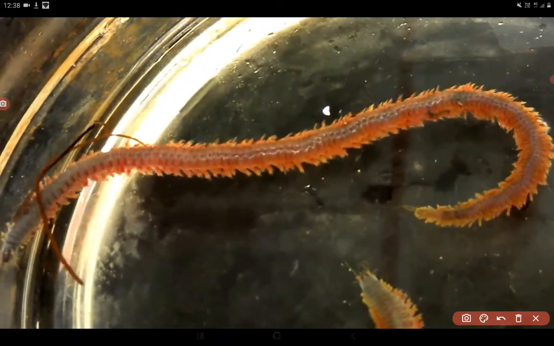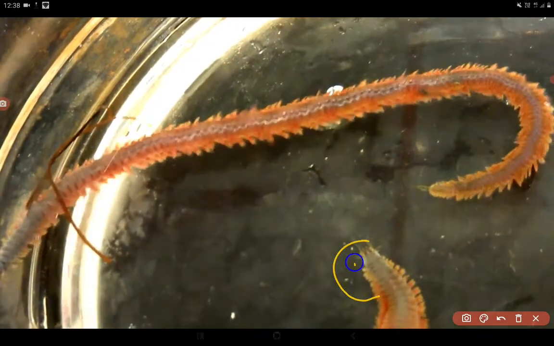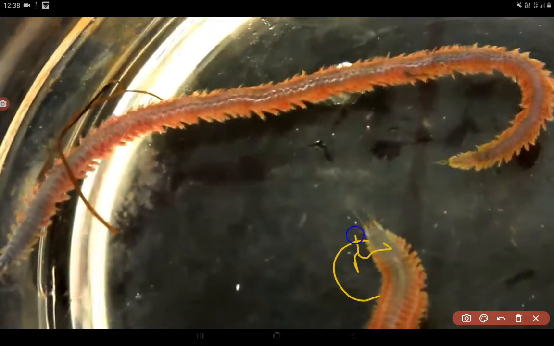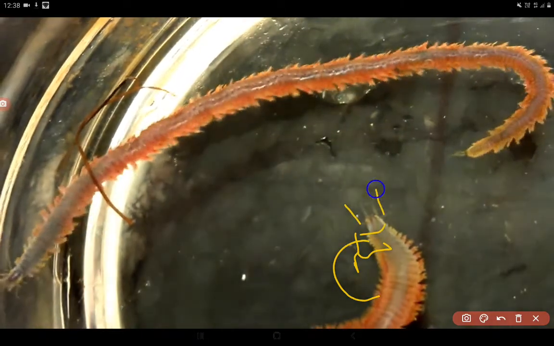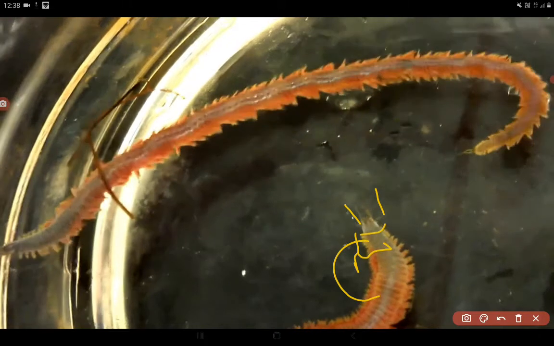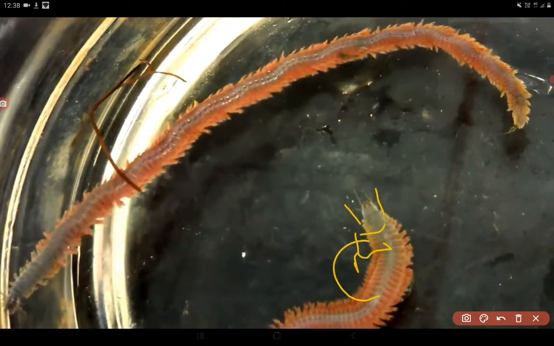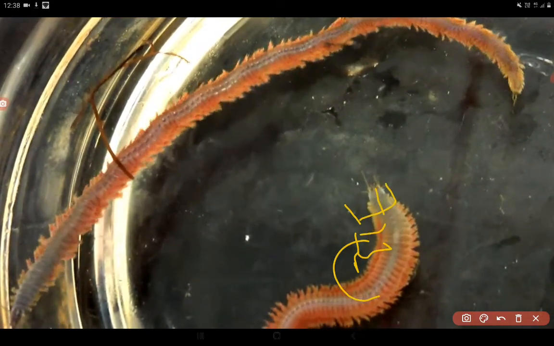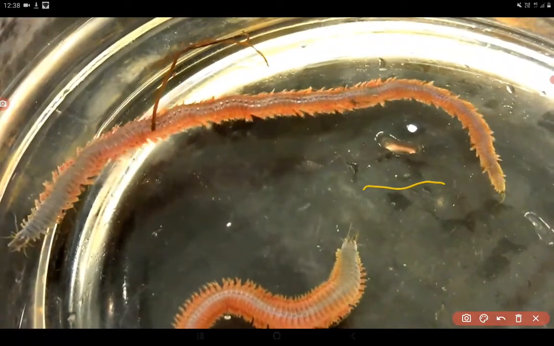They move or crawl on the sea bottom, and as you can see in this one's head, they have this prostomium. This is the prostomium, the head, and this is the peristomium at which the antenna, cirri, palps etc. are all present, right? So this is the prostomium, and this is an example of a crawling polychaete.